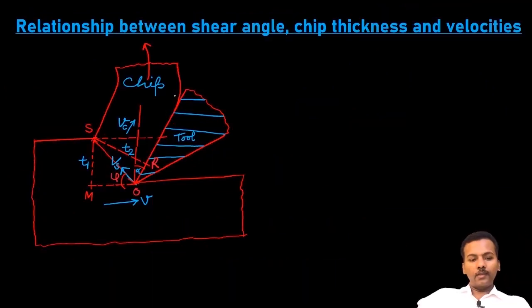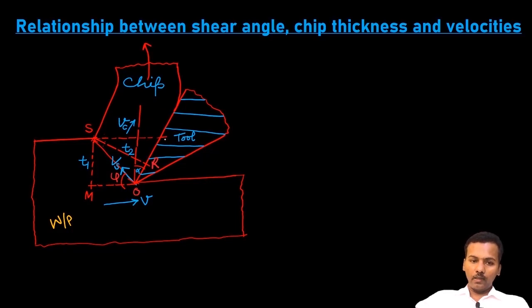In this slide we analyze this figure and generate a relationship between the shear angle, the phi angle, chip thickness, and further, velocities. Now you see this is the relative velocity, this is your workpiece, this one is the chip and this is the tool.